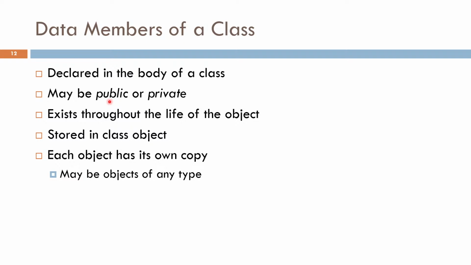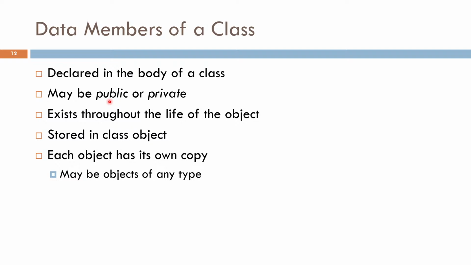Once we create an object of that class type in our main function, that object will have access to all the data members and all the member functions that were defined in that class, so long as the object exists in memory. That access will exist throughout the lifetime of that object until it is deleted from memory.